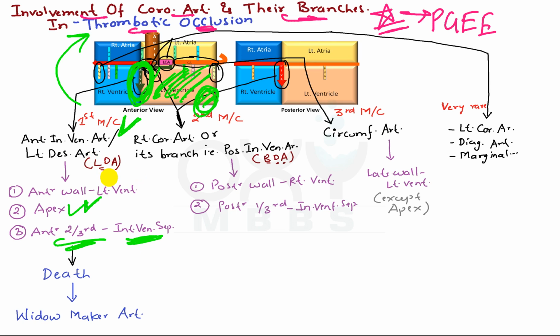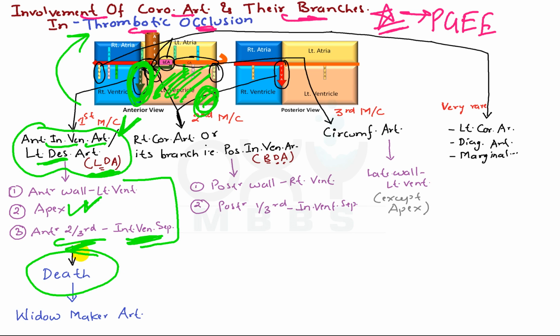It means the major part of the cardiac tissues are supplied by the anterior interventricular artery, or left descending artery, and its short form, LDA, is most commonly used. Because it supplies the major part of the heart, if that artery undergoes complete occlusion, it may cause death of the individual.